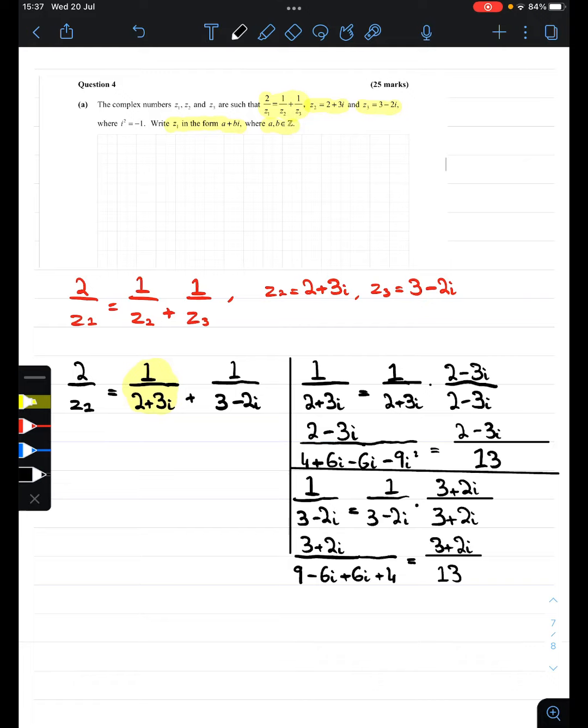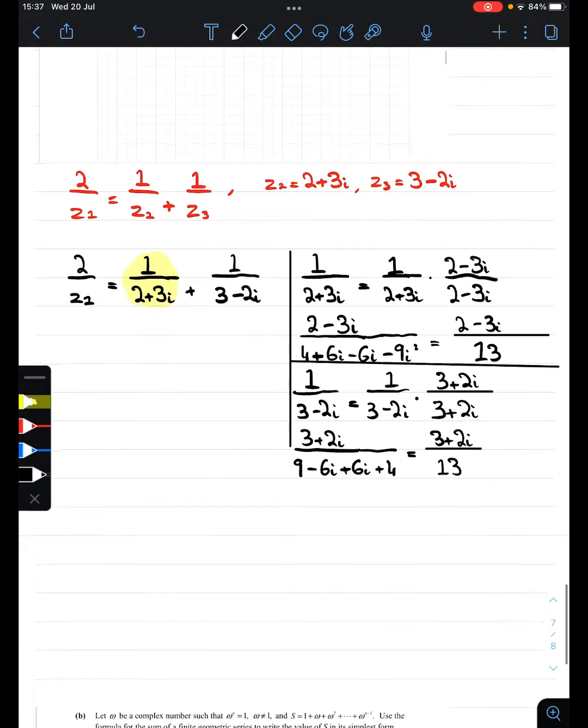So now this has cleaned up quite nicely, because they're both over 13, so we can just add them like normal fractions. So now we get that 2 over z1 is equal to 2 minus 3i over 13 plus 3 plus 2i over 13.